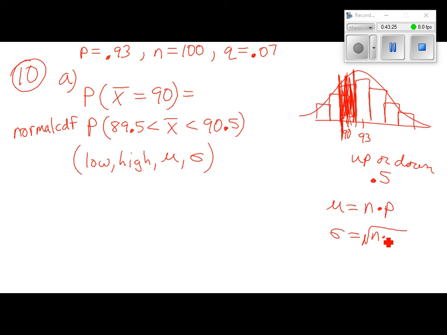Square root of n times p times q. That's why we found those 3 things at the beginning. So what would our mean be this time? What's our N? 100 times, what's our probability? 0.93.